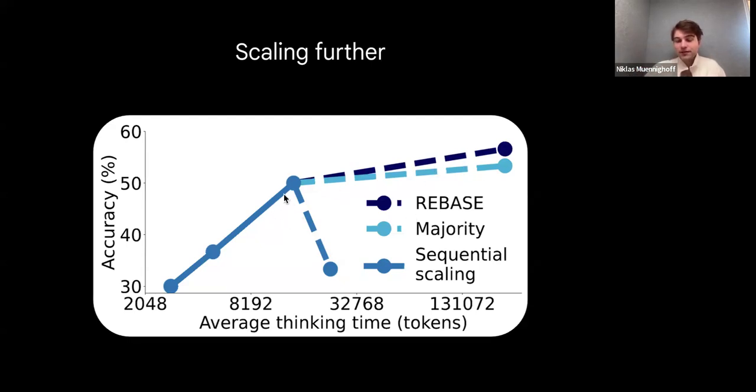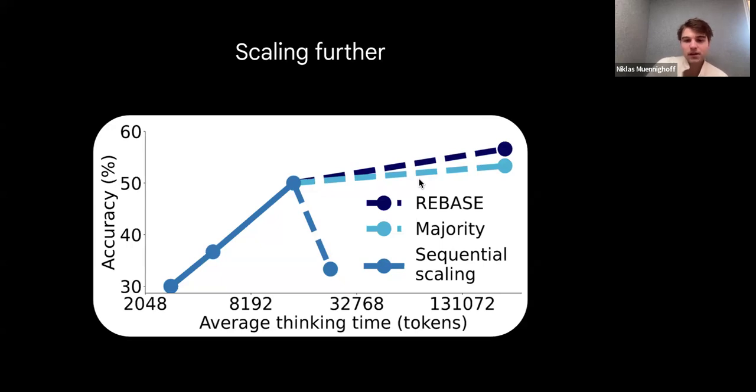So we have sequential scaling, but at the same time, we launch multiple of these sequentially scaled reasoning traces in parallel, let the model think for very long, and then we aggregate them at the end with either rebase, which does some tree search over them, or just majority voting. So we just take the most common answer of the model. Both of them let us get to better performance, and of course also with more thinking time, more compute, because now we're launching things in parallel. I think these are exciting directions to pursue further.